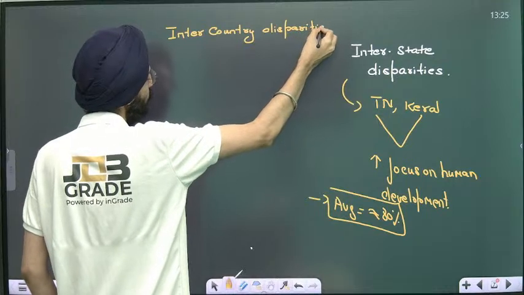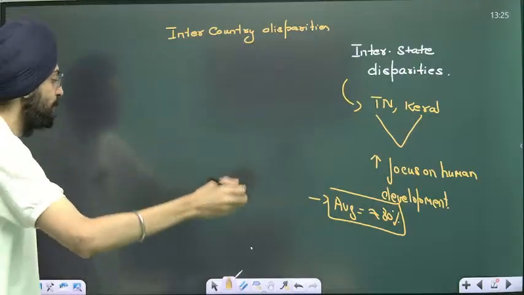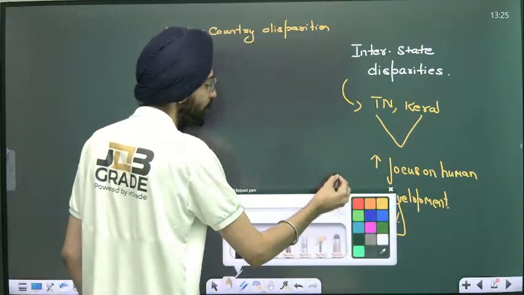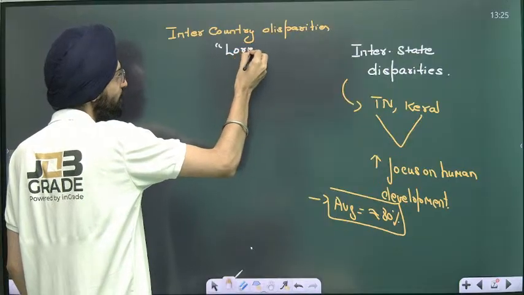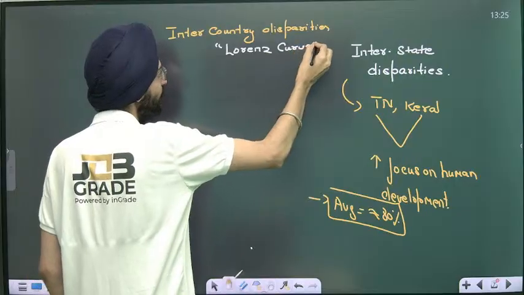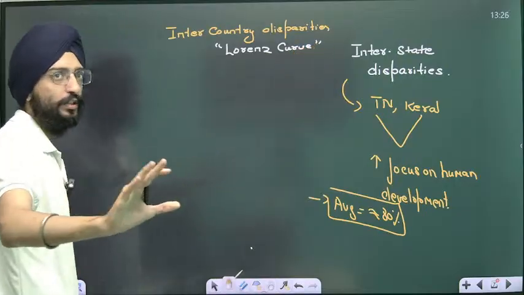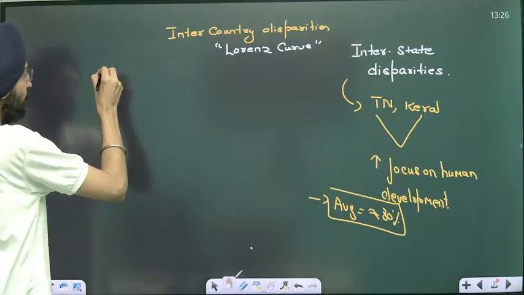How are you going to calculate the inequality vis-a-vis other countries, the advanced economies? There is a curve called the Lorenz curve. Again, it's an important concept. A question can be asked in prelims regarding the Lorenz curve, otherwise you can mention this point in the main examination. I'm going to draw this and explain how the Lorenz curve works.